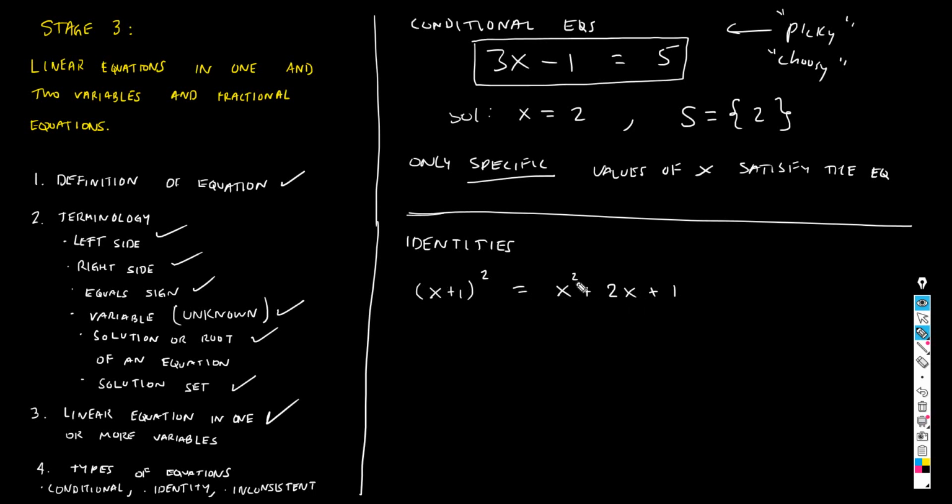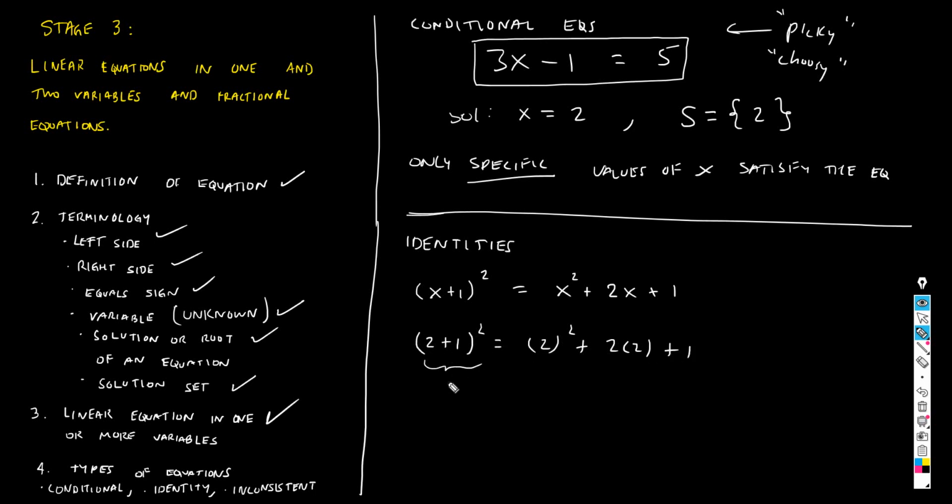Now, the thing with this equation, guys, because it's an equation, right? You have the equal sign in there. The thing with this equation is that it's an identity. And what that means is that when you replace the x, for example, if we put the number 2 right there, 2 plus 1 squared is going to be equal to 2 squared plus 2 times 2 plus 1.